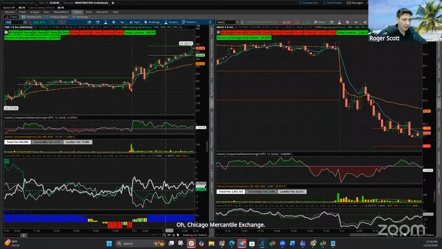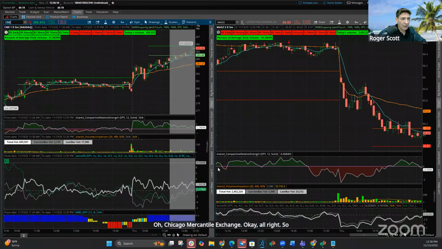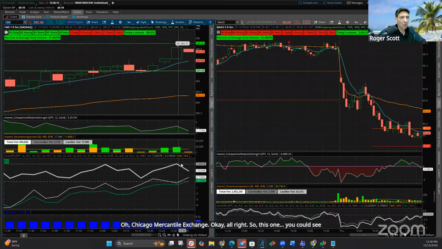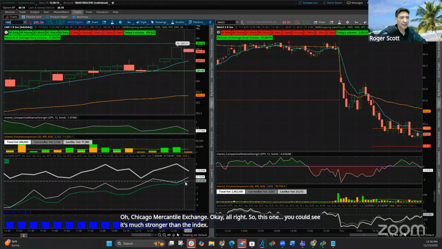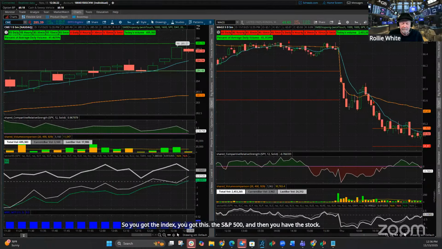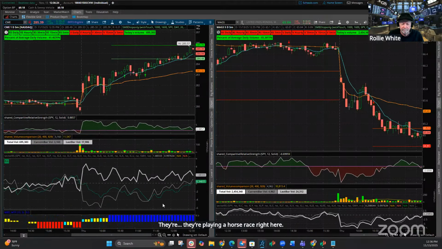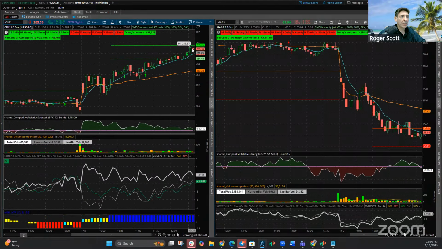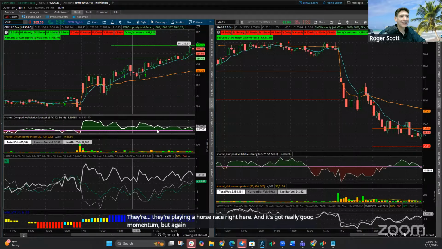All right. So this one, you could see it's much stronger than the index. The index is green right here. So you got the index, you got the S&P 500, and then you have the stock. They're playing a horse race right here. And it's got really good momentum, but again, momentum is declining.